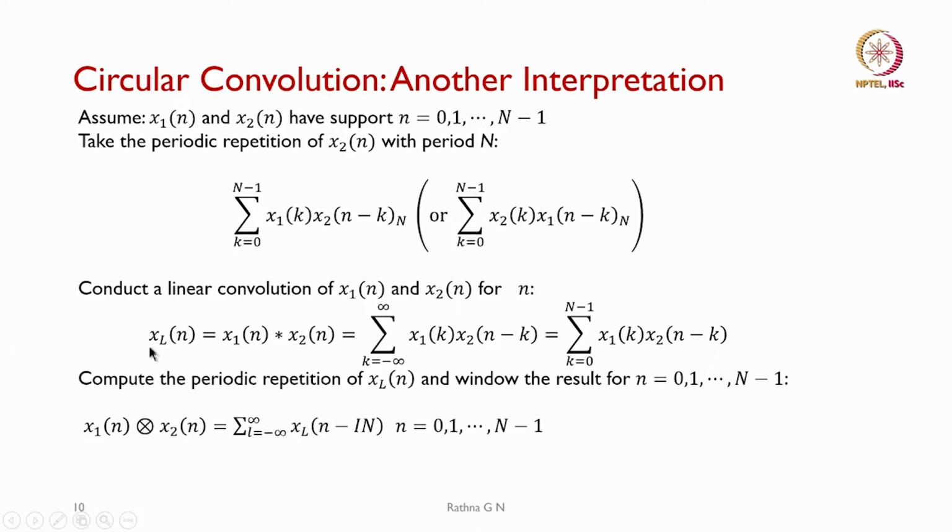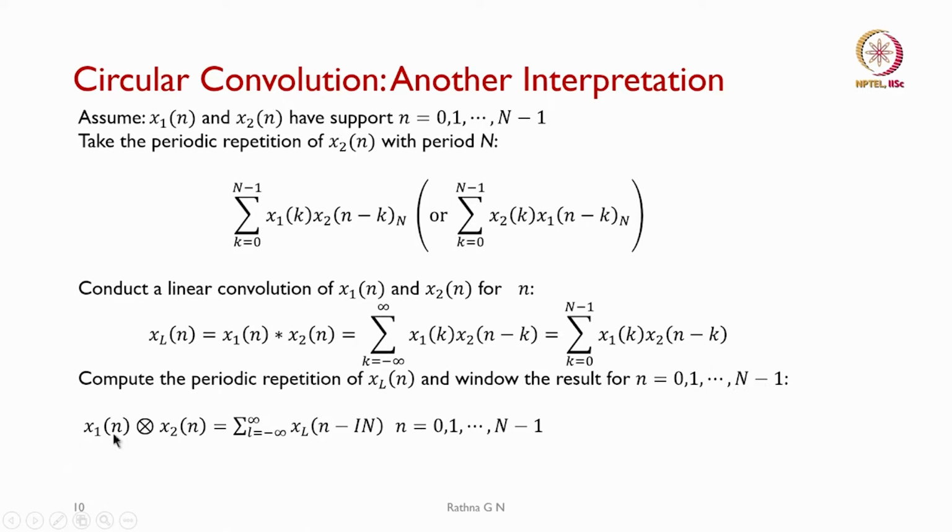Then the linear convolution xL of n is given by x1 of n linearly convolved with x2 of n, the equation with minus infinity to infinity, which is reduced to k equal to 0 to n minus 1 for implementation, x1 of k into x2 of n minus k. Compute the periodic repetition of xL of n and window the result for n equal to 0 to n minus 1.